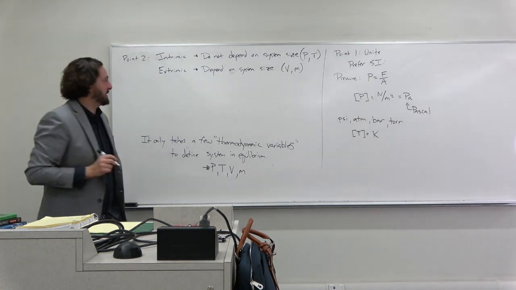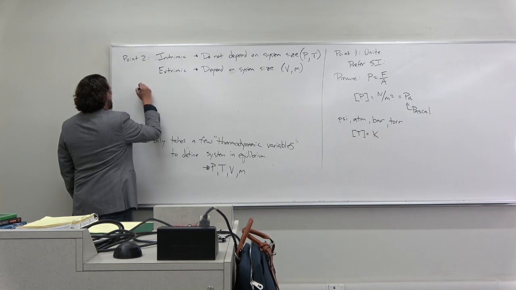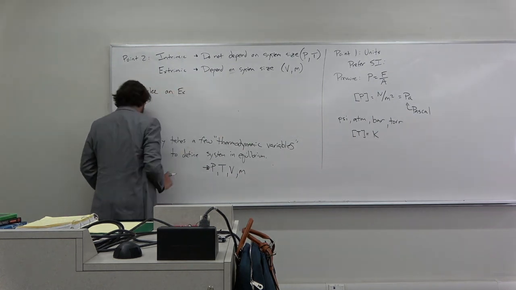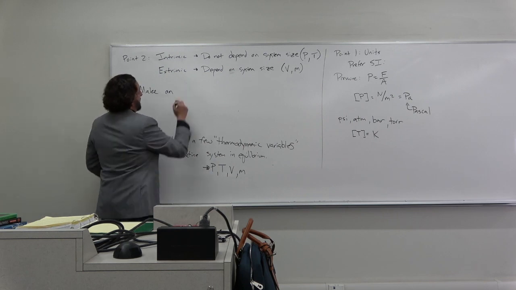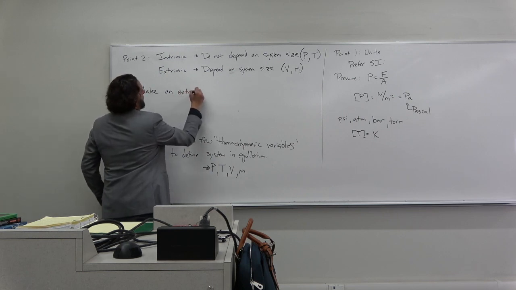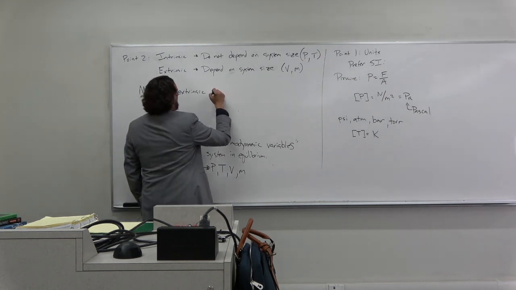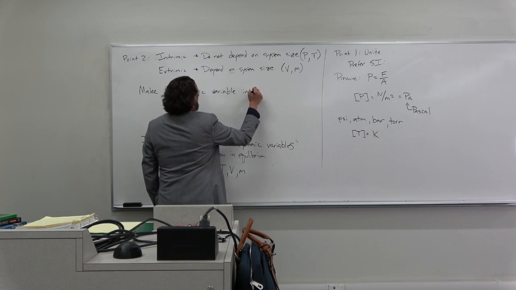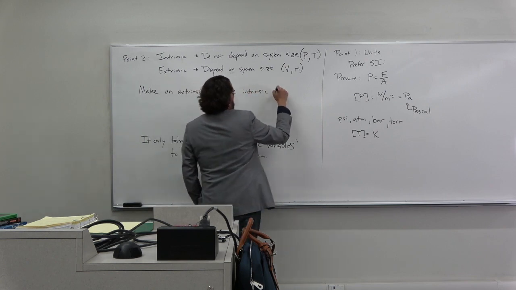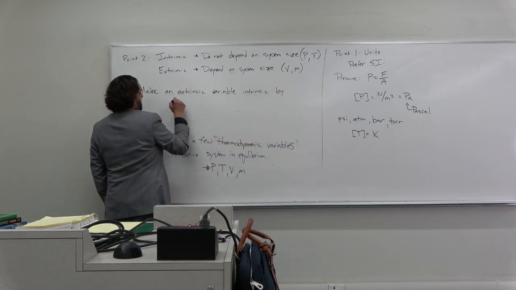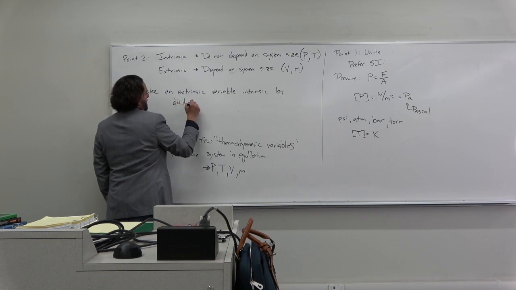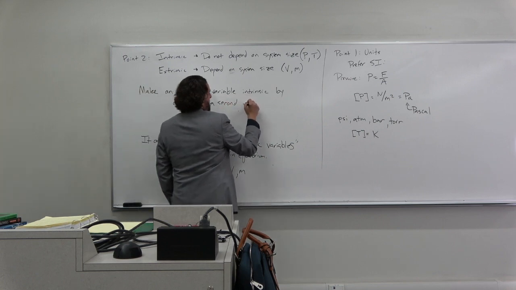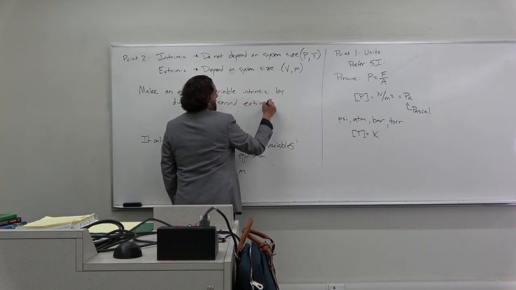Okay, but an interesting point is that I can make an extrinsic variable, let's put a lowercase e there, intrinsic by dividing by a second extrinsic variable.